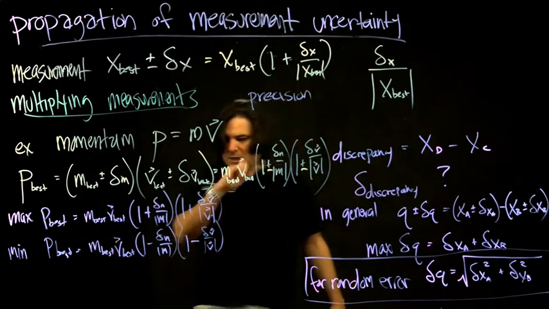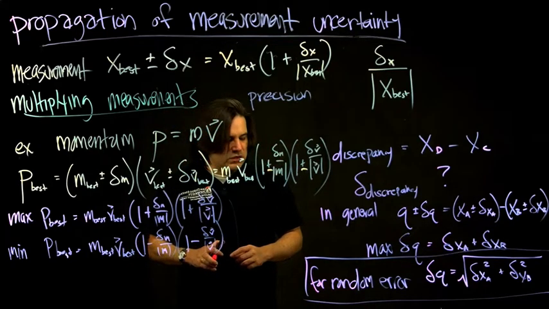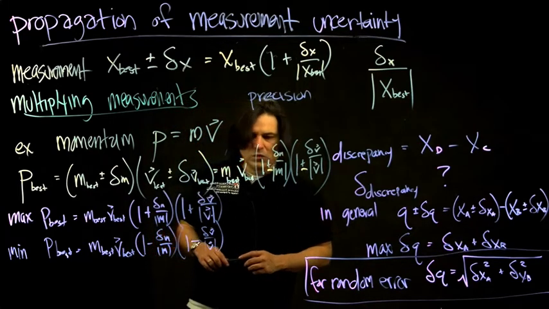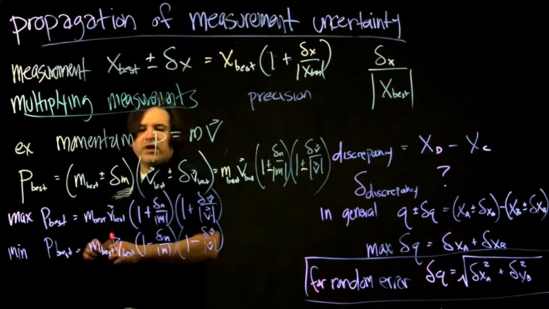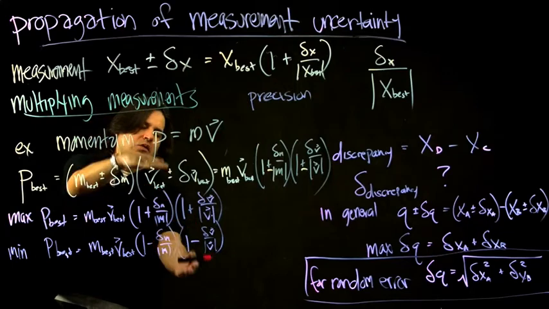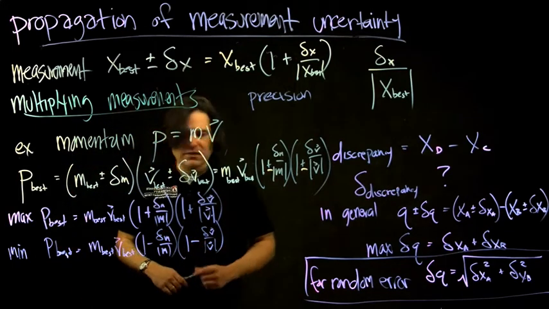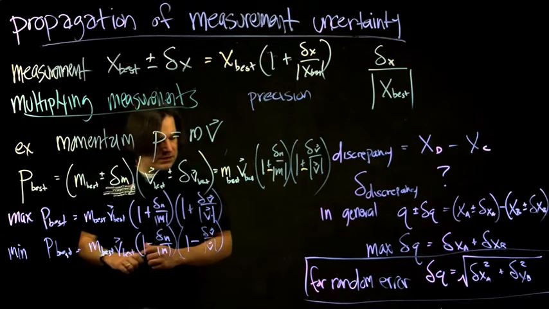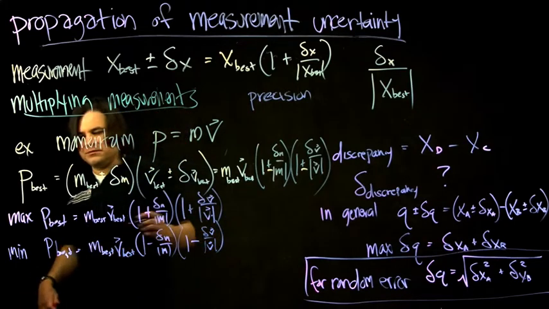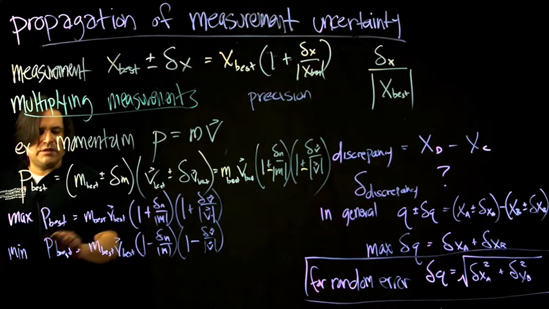So the result of this would be that the full range can occur, keeping in mind what the maximum would be and the minimum would be.